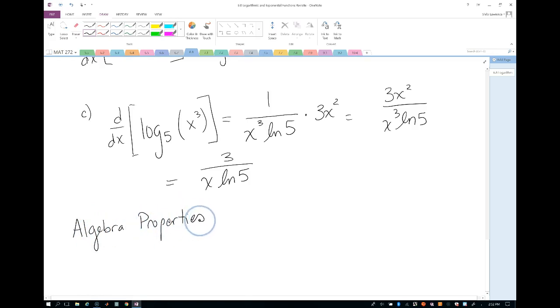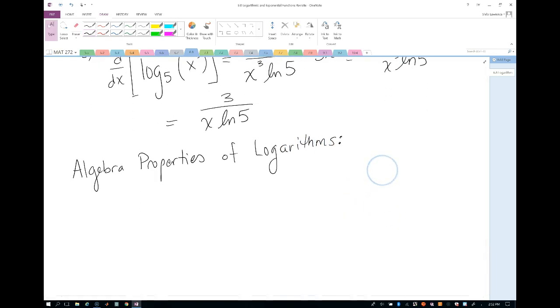So I'm going to review those really quickly. Now these aren't going to ask for any derivatives or antiderivatives. These are just things we learned in pre-calculus algebra.